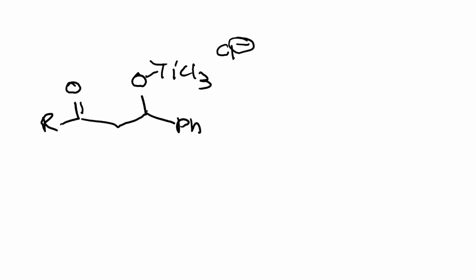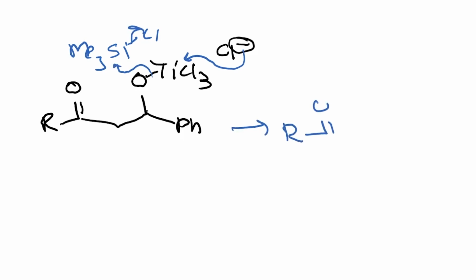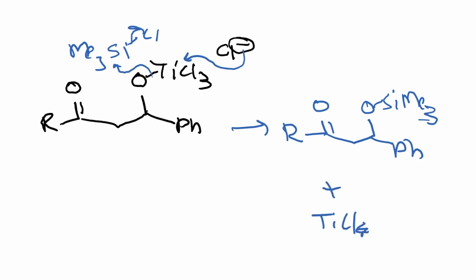You have chloride which is still present, and so you have a reaction over here, which then eventually picks up the silyl group from here, and the product that is formed is R, C double bond O, O, SiMe3, Ph. Okay, and the titanium tetrachloride is also a product that is formed.